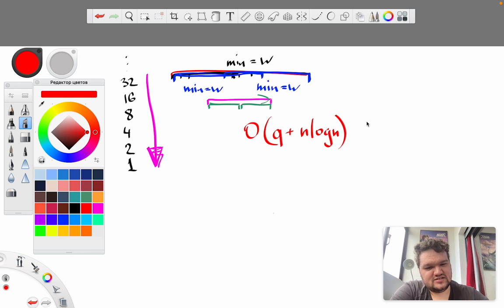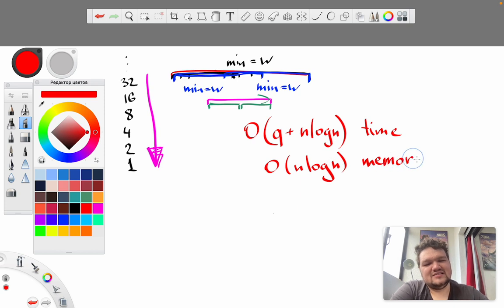But it requires n log n memory, which is the only bad thing I can say about this thing.